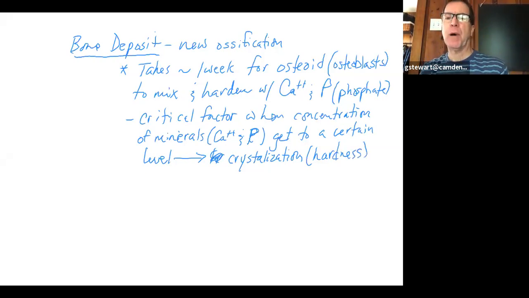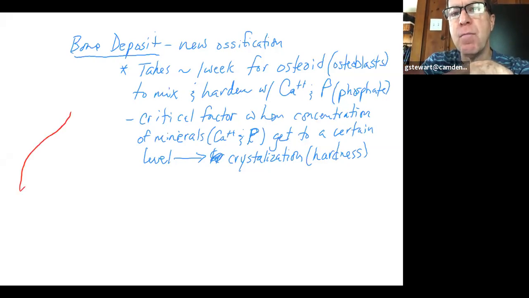So that's bone deposit. Real quickly, what happens is blood vessels bring the minerals, calcium and phosphate, to an area. They deposit it in that area. And then the osteoblasts in that area secrete that organic matrix called osteoid.